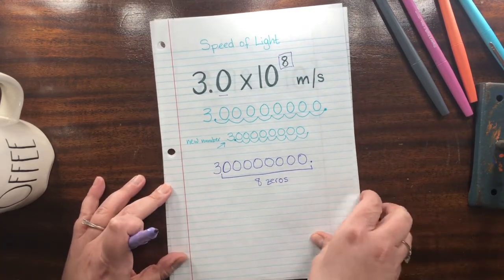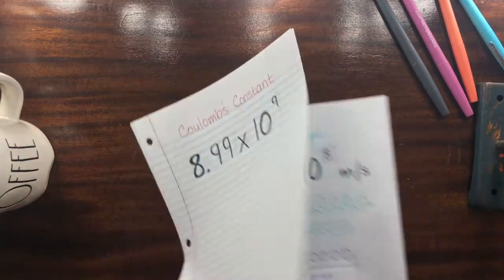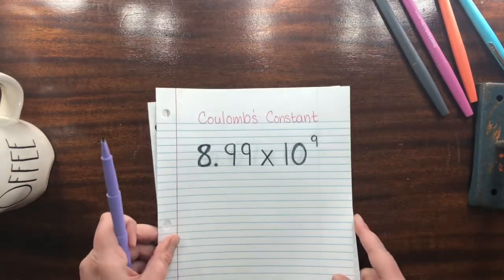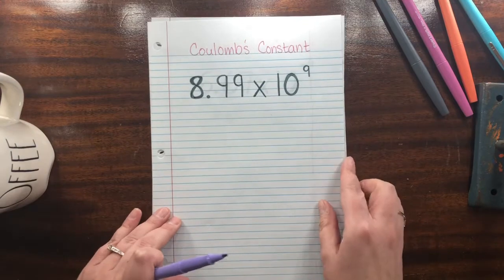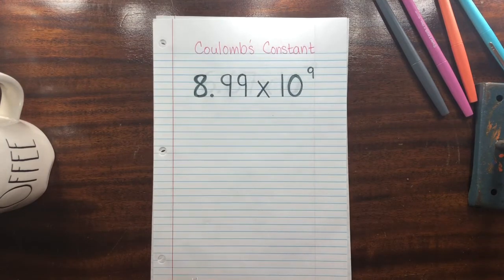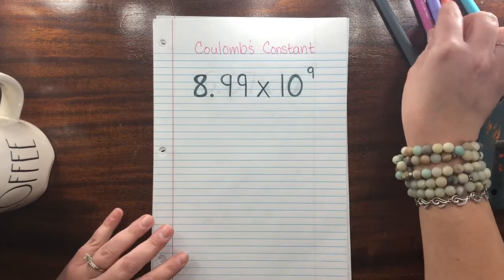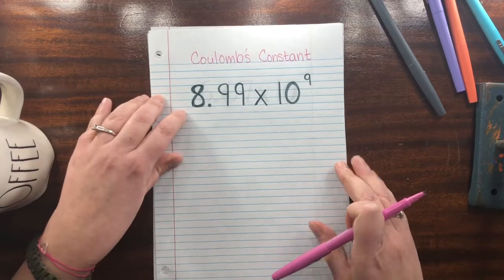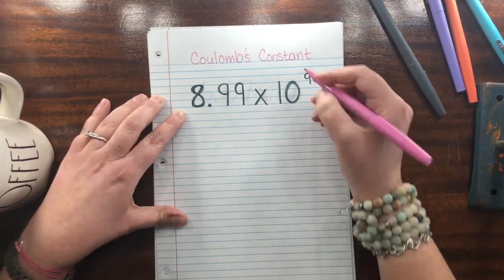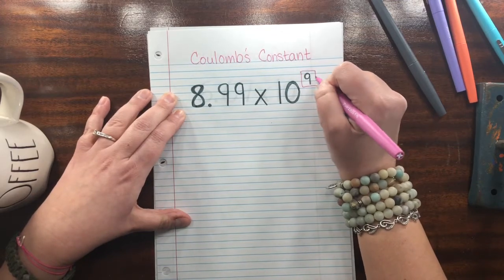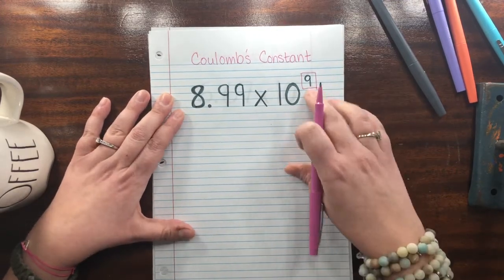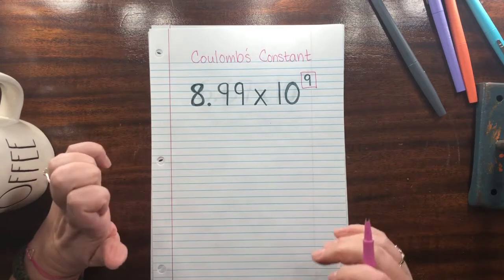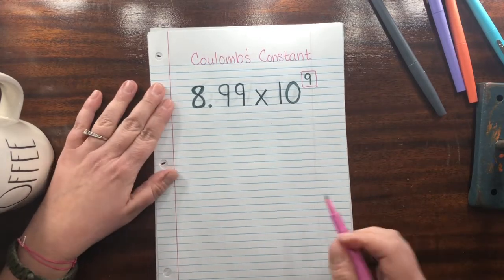All right, let's look at another example. This one we have Coulomb's constant, 8.99 times 10 to the 9th. For our first method, again we're focusing on our exponent. It's 9, which means we're going to have 9 jumps of our decimal point.